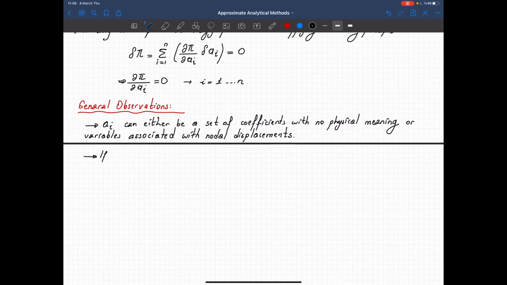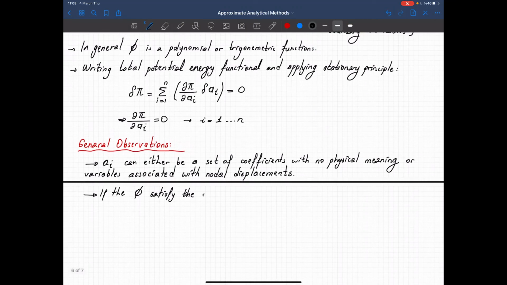So if the coordinates or this phi function satisfy the aforementioned properties, that is, they have to be continuous, they have to be admissible, the solution converges to the exact solution as the number of variables increases.